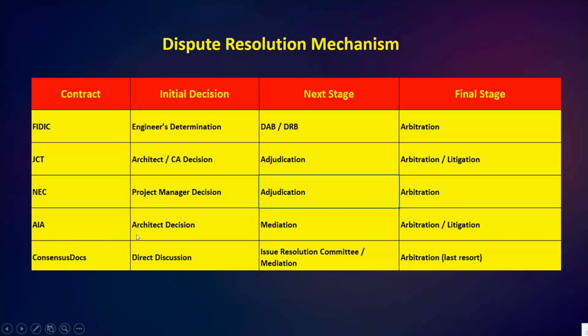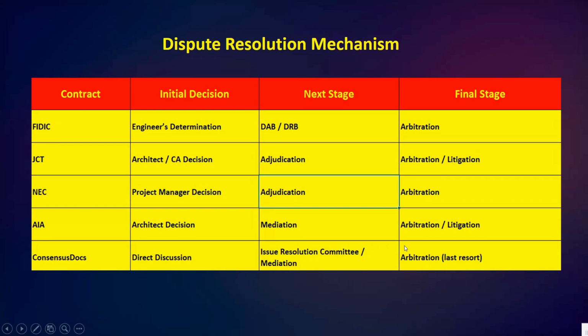AIA starts with the architect's decision, and then mediation, and finally arbitration or litigation. The last we have consensus docs. Consensus docs prefer direct discussion first, then a resolution committee or mediation, and arbitration only as a last resort.